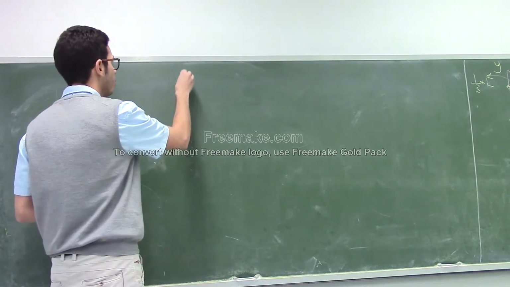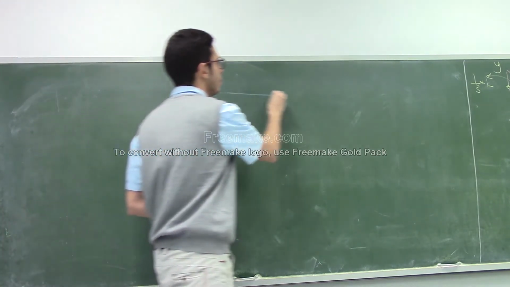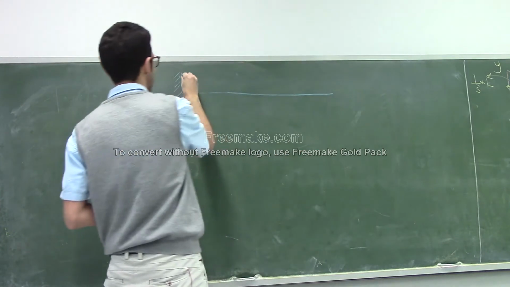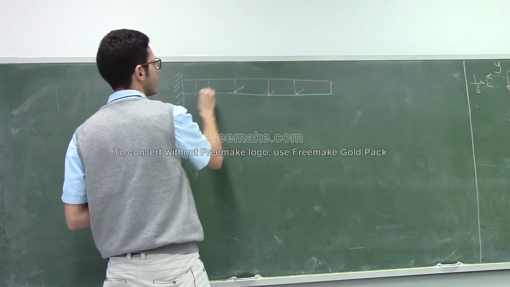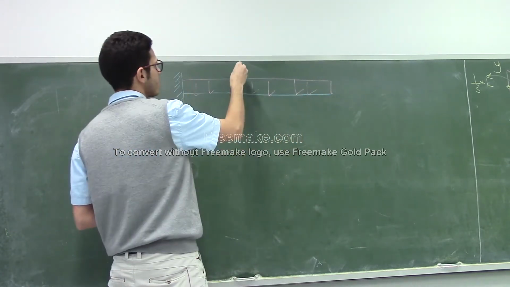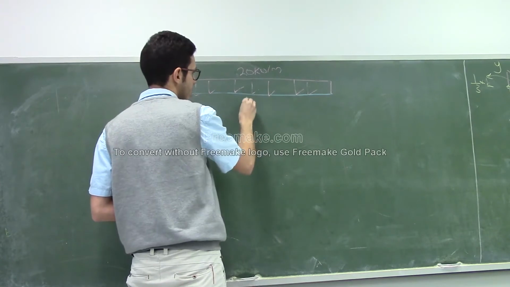Okay. Now, this is the fixed support that we have. This is the beam. This is the load. The load is 20 kilonewton per meter. The distance was 4.